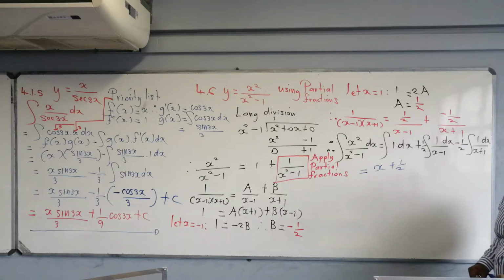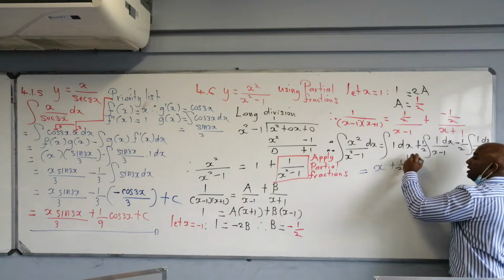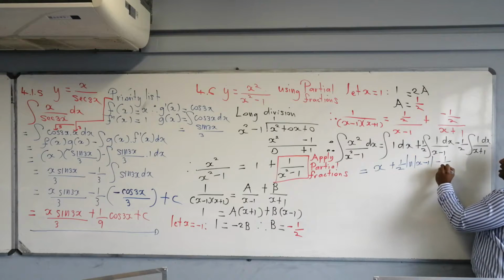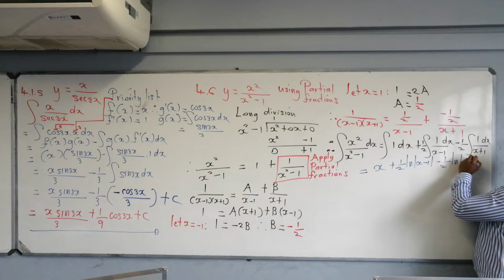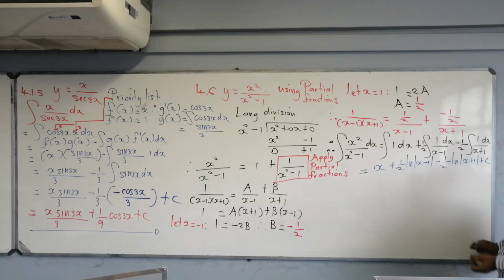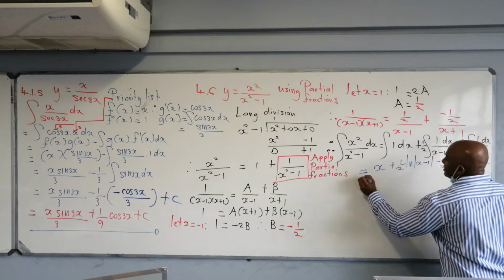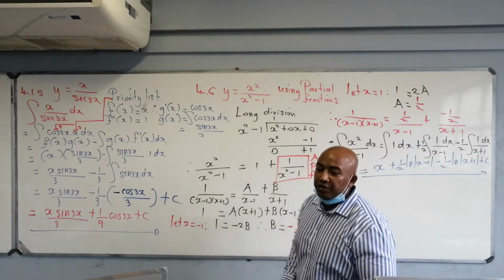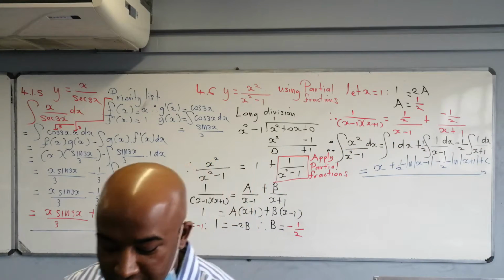The numerator is an exact derivative of the denominator, so it's going to be ln absolute value of the denominator minus half ln absolute value of the denominator. That's it. There's nothing more to do. So that was your partial fractions. You had to use long division here.